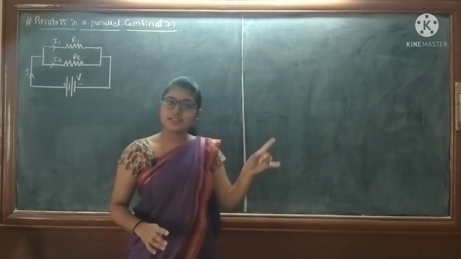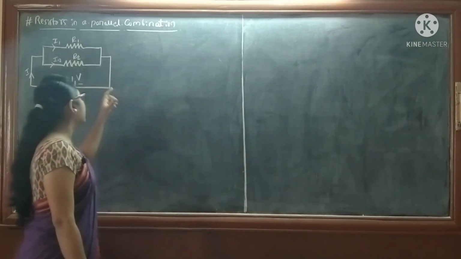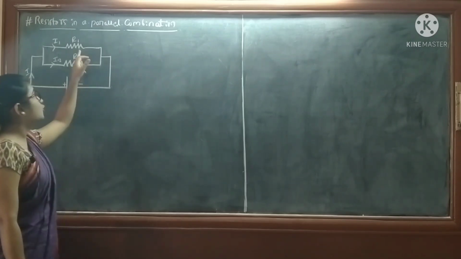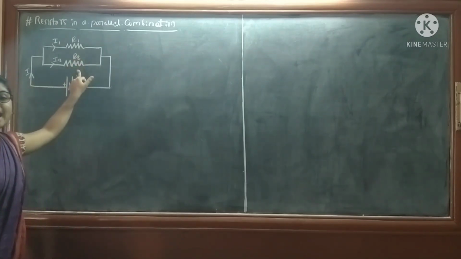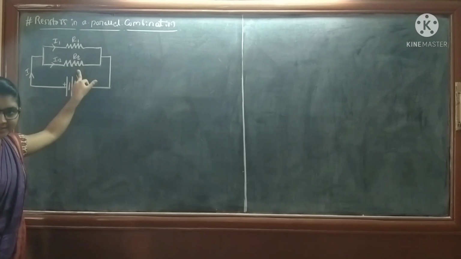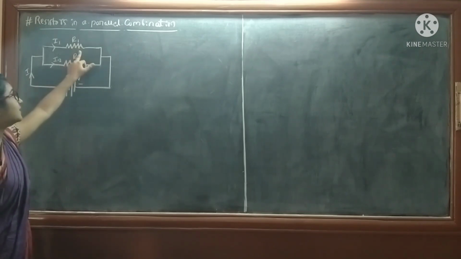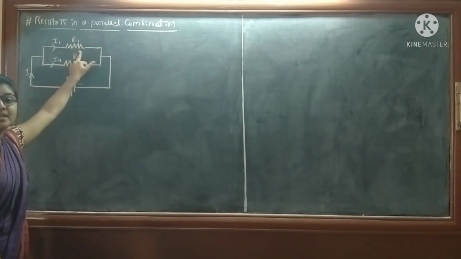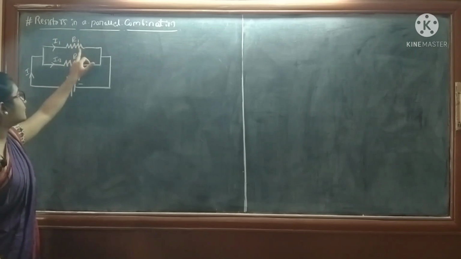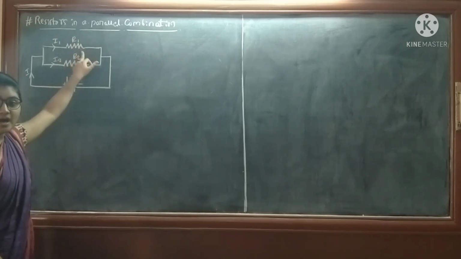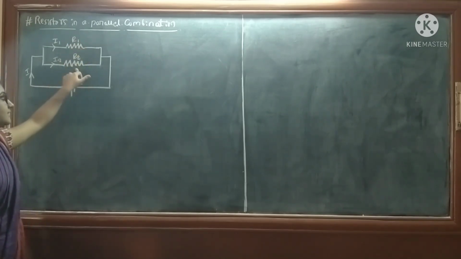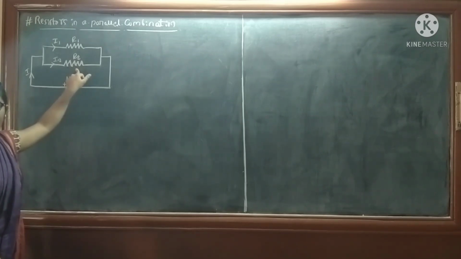Yes, you can see the diagram here. Just see, now we connected the two resistors in a parallel combination. Each one has a different resistance. The first resistor has resistance R1. Second resistor has the resistance R2, correct?